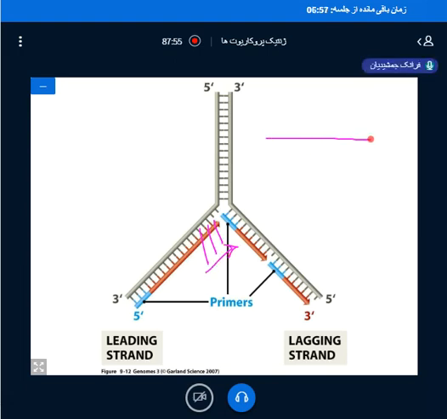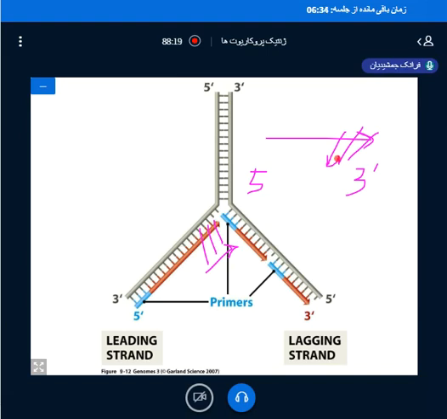So if the direction is 5' to 3', and if the DNA polymerase puts the wrong nucleotide, it can remove it from 3' and put the right nucleotide. Okay? So we will call it proofreading.